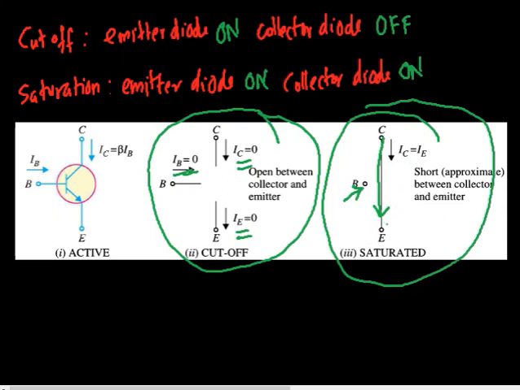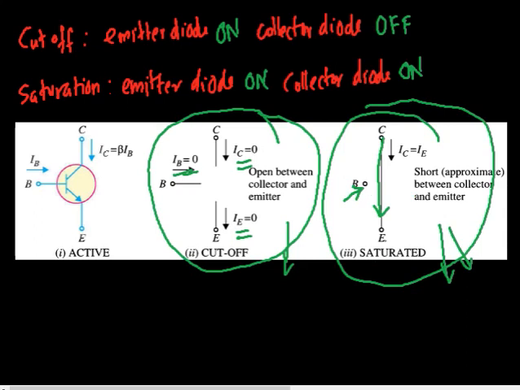So this also cannot be used as a transistor amplifier, but this condition can be used for the purpose of switching actions, because when it is in cutoff there is no current, so the circuit is open, and when this condition is obtained, the collector emitter circuit is short, so that current flows through it.